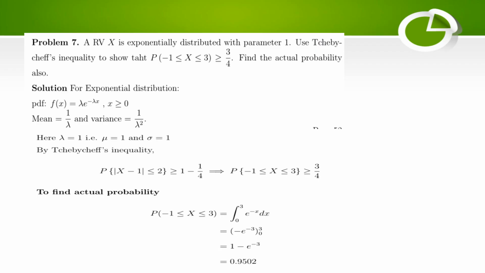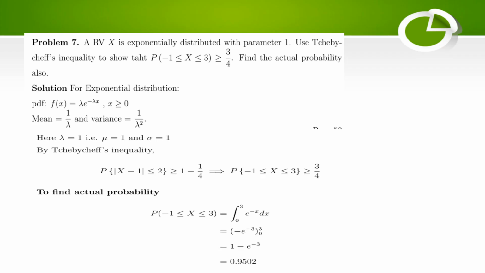Solution. For exponential distribution, the PDF f(x) equals λe^(−λx), x ≥ 0. Mean equals 1/λ and variance equals 1/λ². Here λ equals 1, that is, μ equals 1 and σ equals 1.